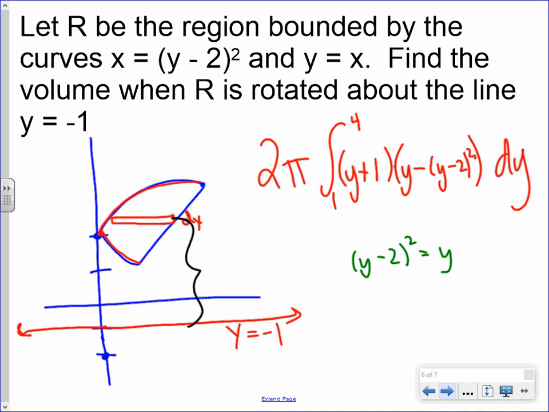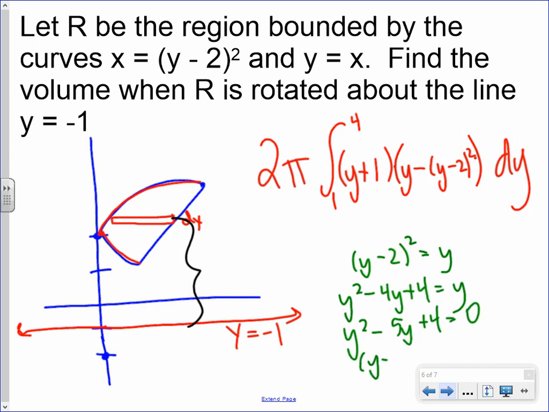Right? So we have y squared minus 4y plus 4 equals y. So y squared minus 5y plus 4 equals 0. So that would be y minus 4 times y minus 1. Our limits would be from 1 to 4.